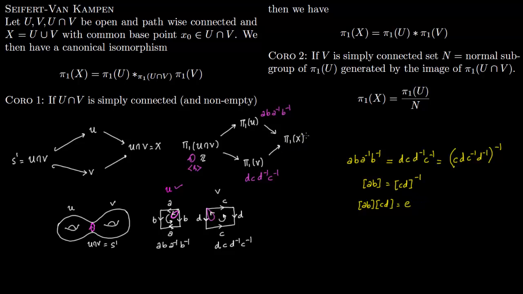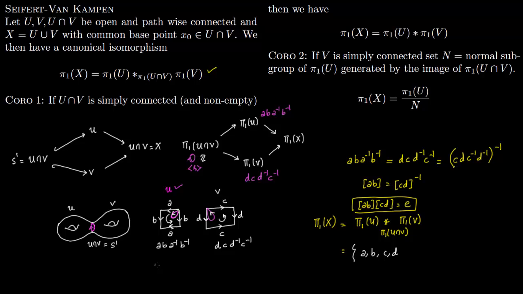So what is this pi 1 of X? Here you use our theorem. This is equal to pi 1 of U amalgamation with our intersection, which we have just written here, amalgamation with pi 1 of V. So what does this look like? You have A, B, C, D. We have already computed for the torus.